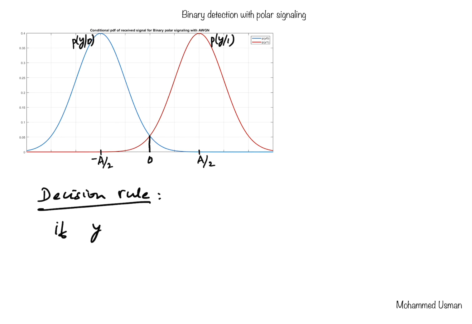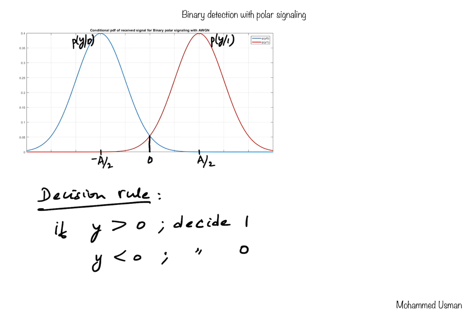If the received signal y is greater than the threshold, which is 0, decide 1. If the received signal y is less than the threshold, decide 0.